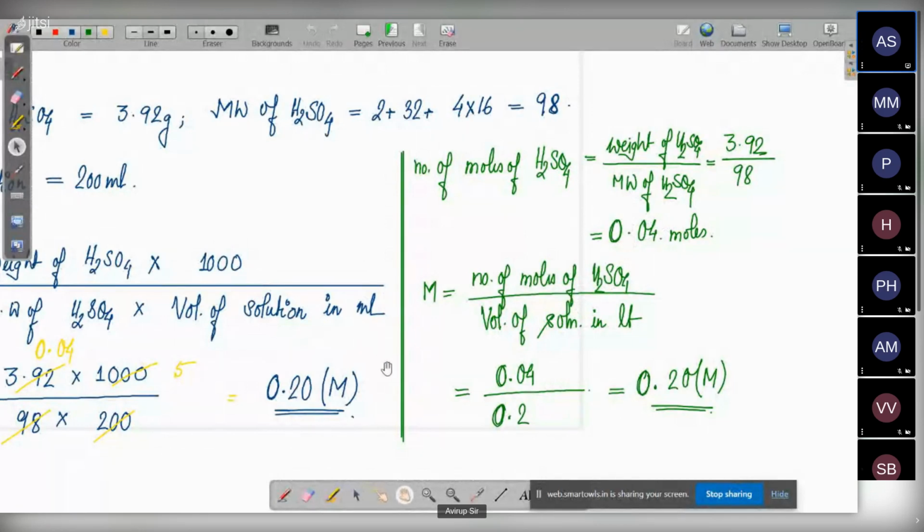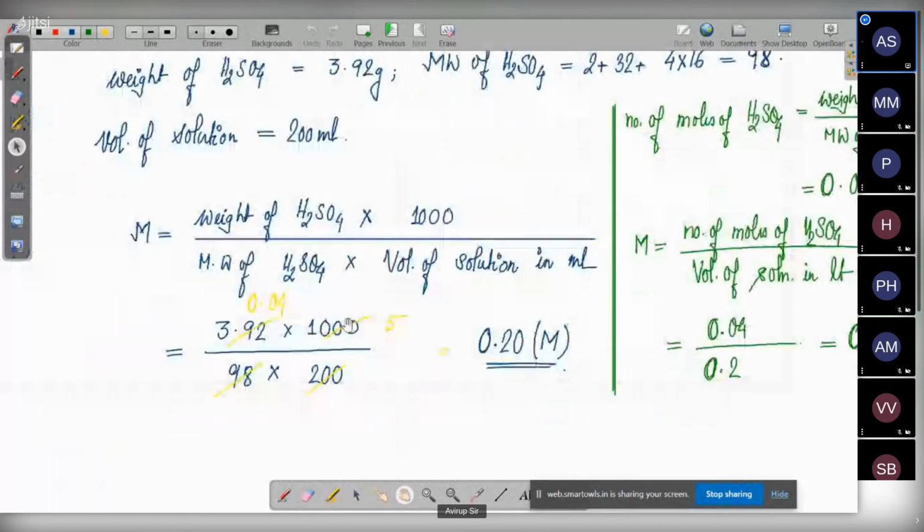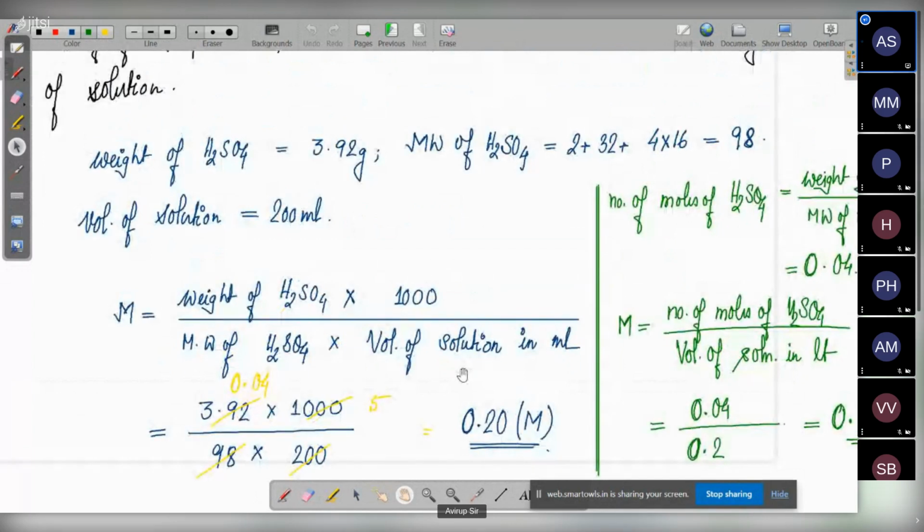In the first method, if you put the values correctly, you get comparatively lesser chances of calculation mistake, because the calculation is done only one time. So the point is you can apply any formula you like, because all the formulas are derived from one basic formula. Go with the method you are comfortable with.